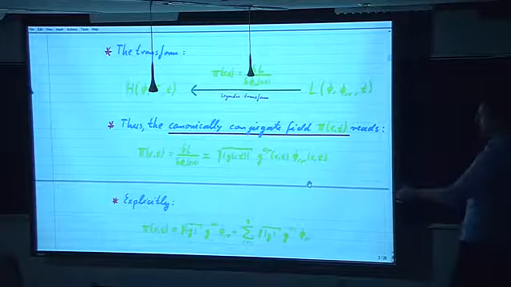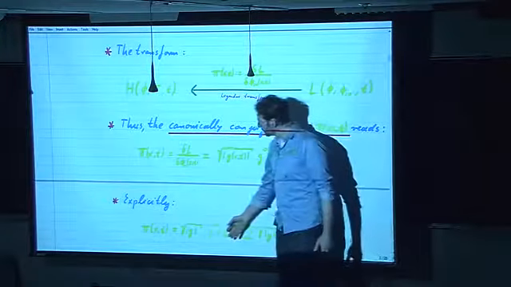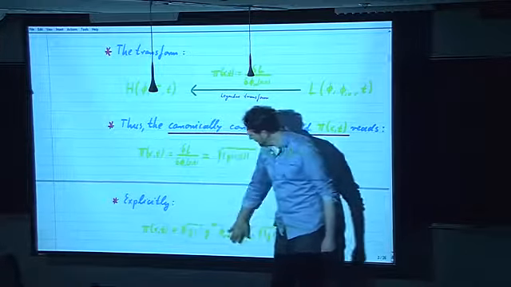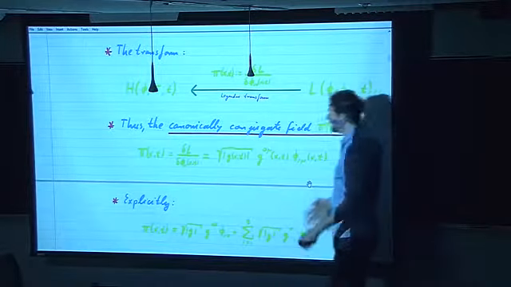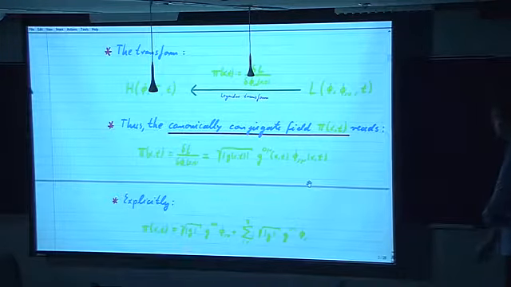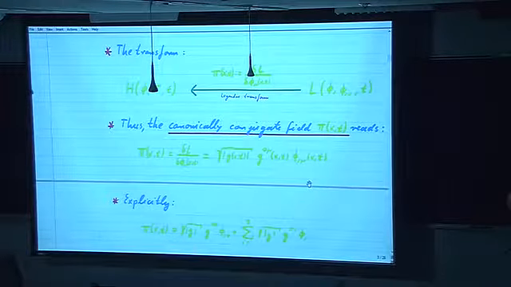So then we recover the usual relationship that pi is phi dot. But in general coordinates, and especially if there's curvature, this is what the canonically conjugate momentum field is.